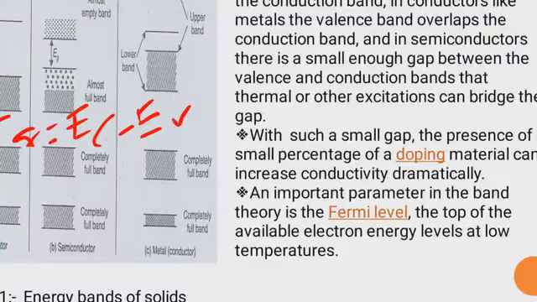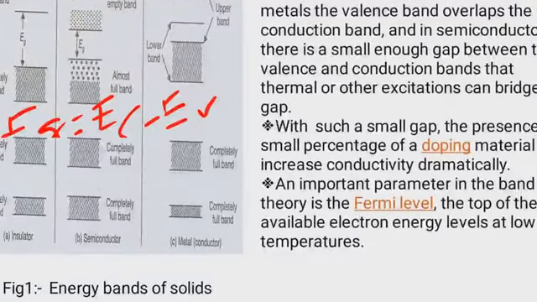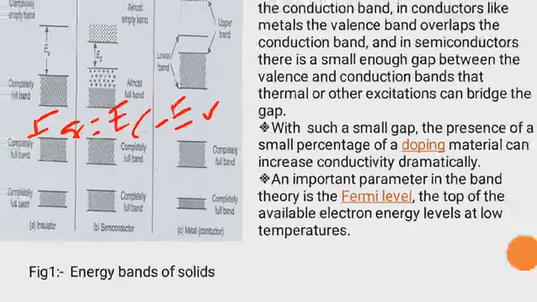Another important parameter in band theory is the Fermi level, which is basically the top of the available electron energy levels at low temperature. From this particular level we can calculate the probability of occupancy of electrons, which are coming out from the valence band towards the conduction band.